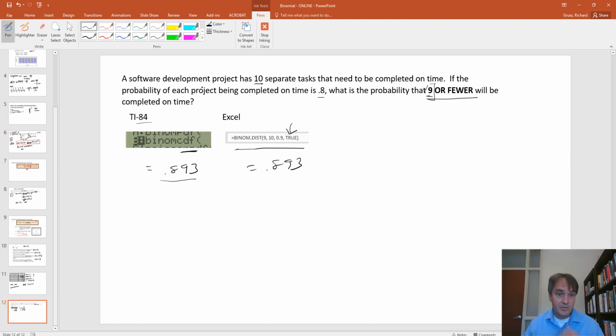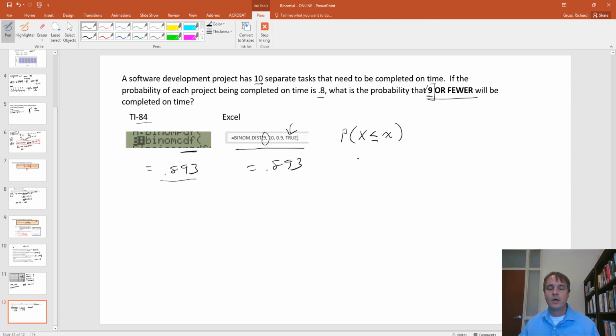Just remember that when you're doing either the calculator or Excel, this is always going to give you the probability that x is less than or equal to the x that you're putting in, so in this case, this 9.